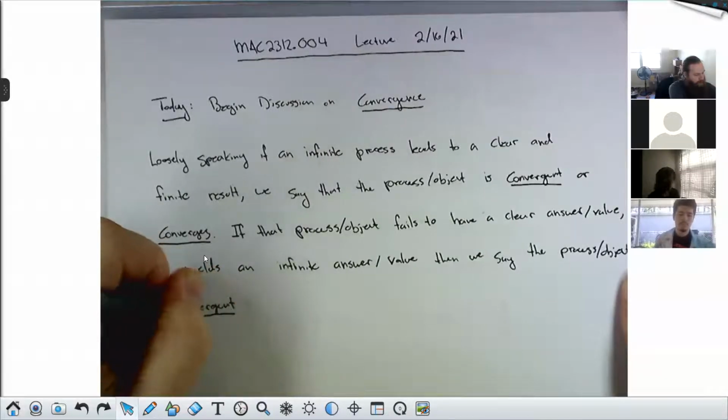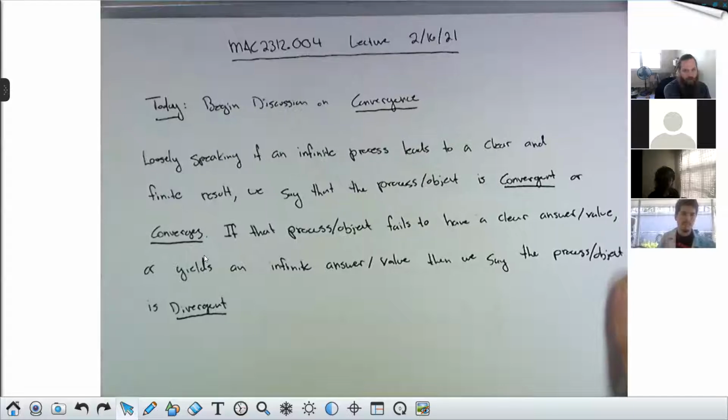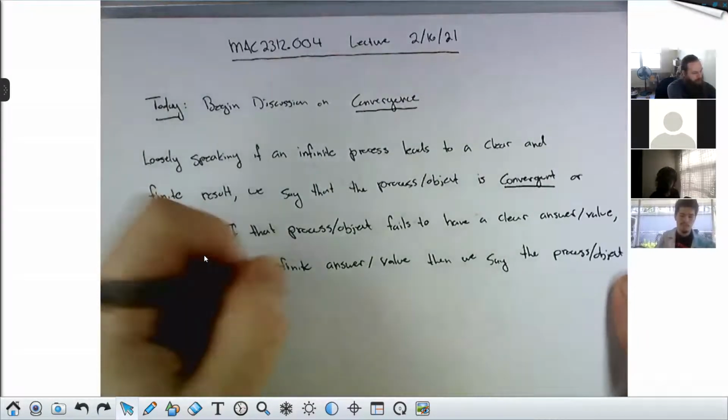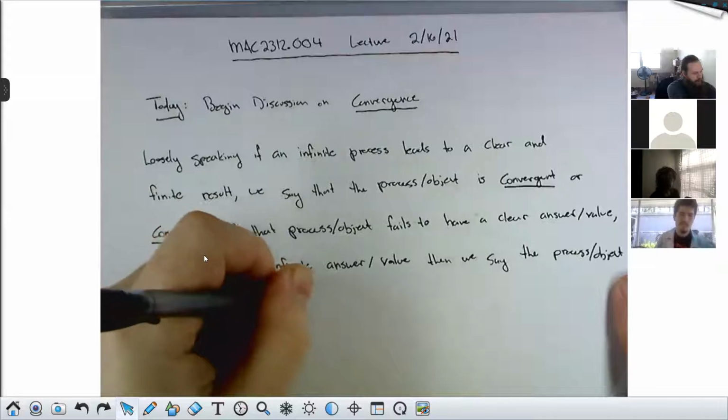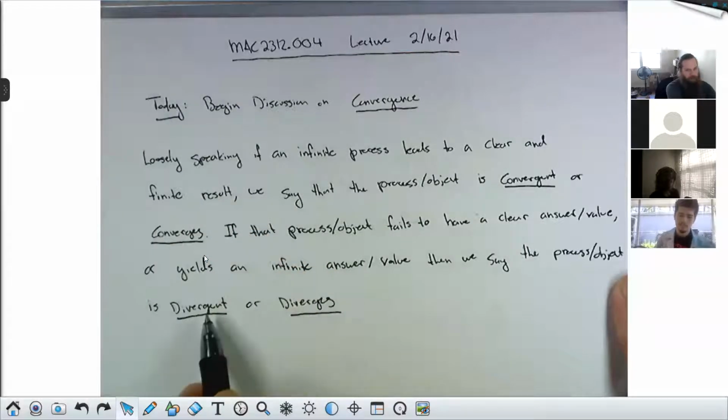Not like the horror movie, but just as an opposite to convergent, whose verb form is diverges. So again, verb, adjective.